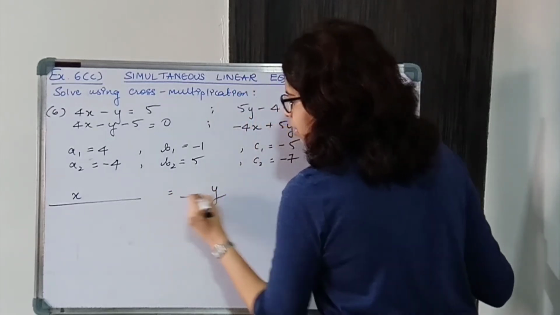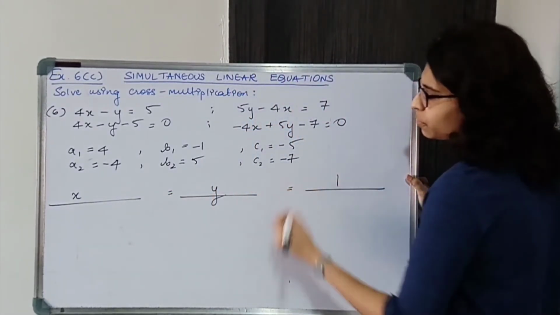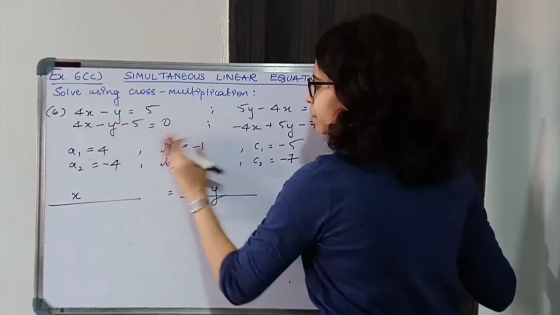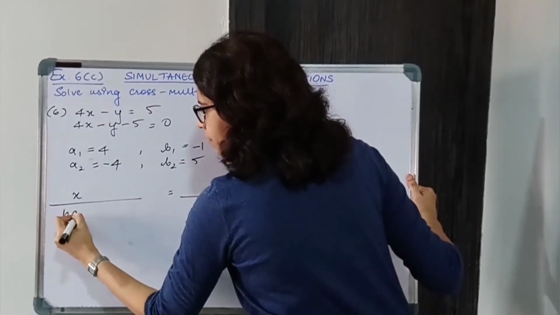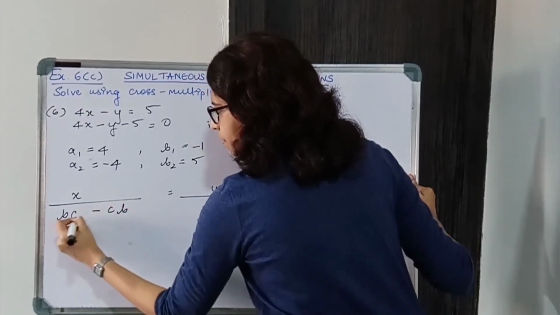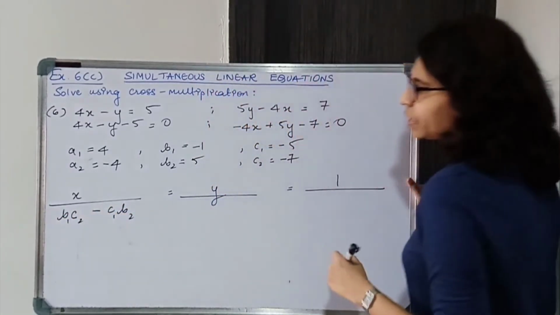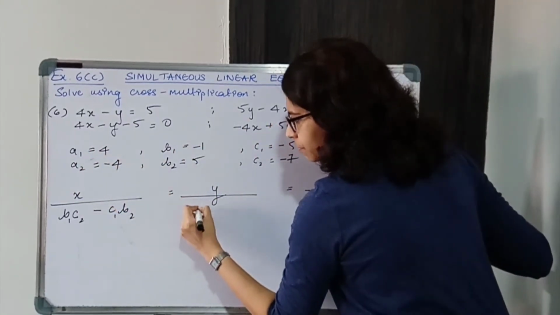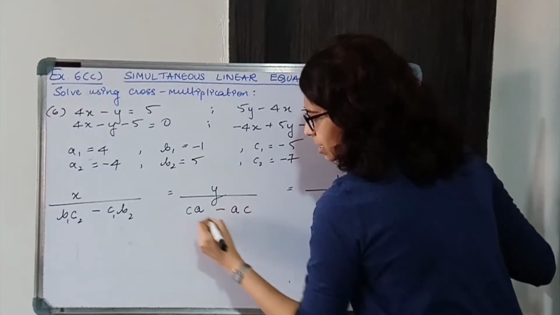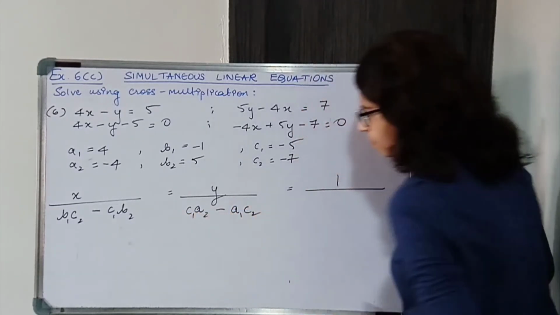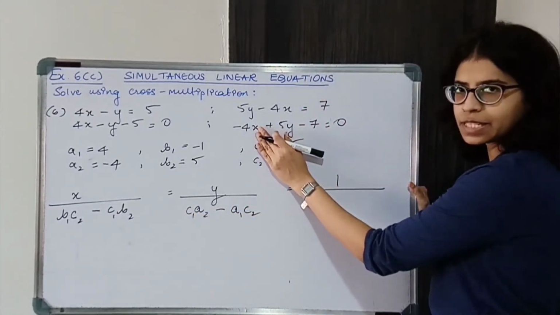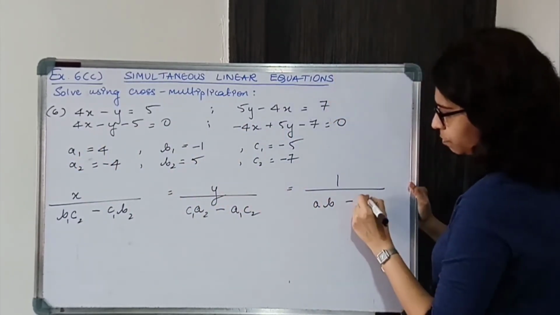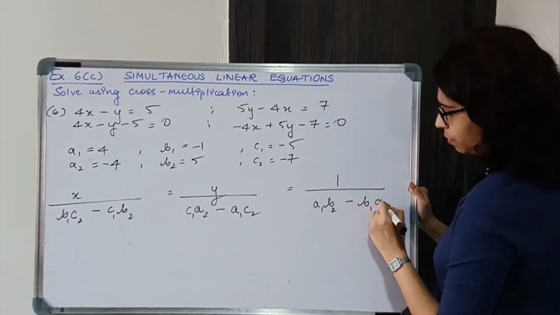X upon something is equal to y upon something is equal to 1 upon something. In x, a comes, a is the coefficient, so forget a, b, c and then switch cb 1 2 1 2. In y, b comes, so next is c, ca and then switch ac. Now in constant, c comes, so ab and then switch ba 1 2 1 2.